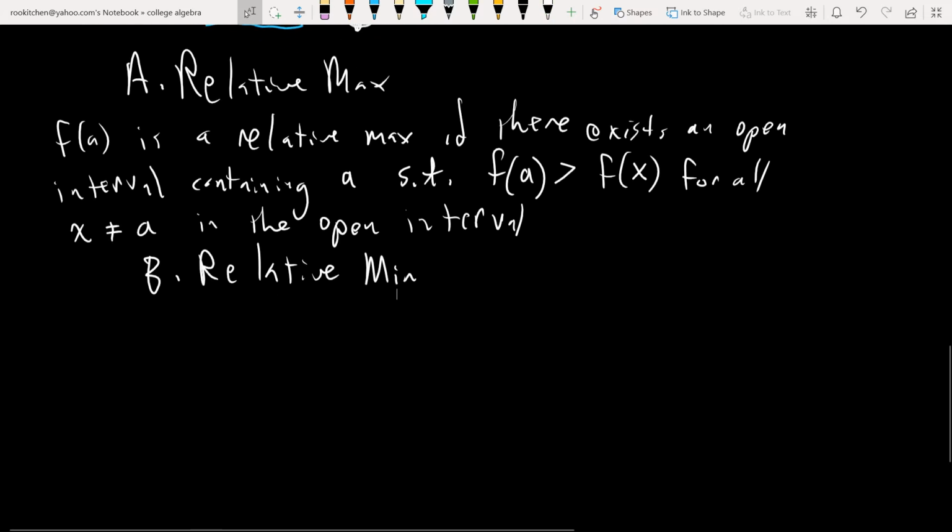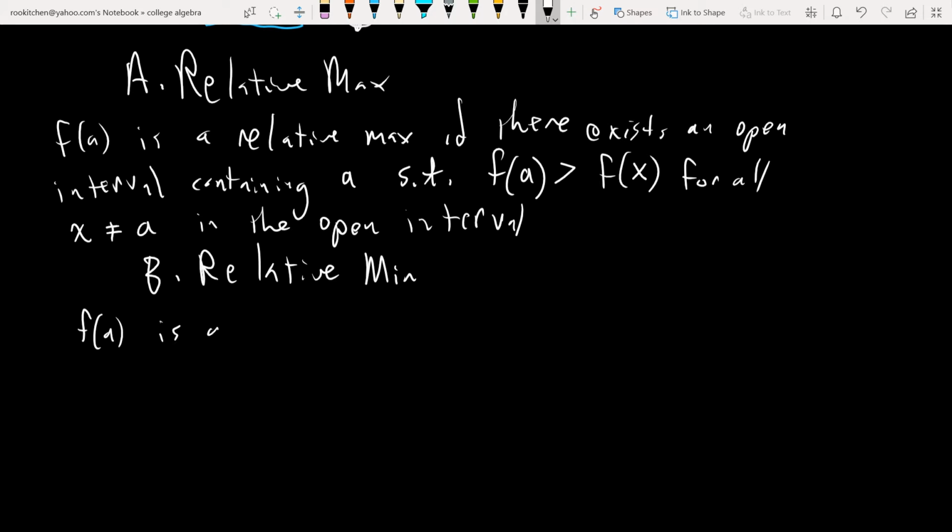So you just rewrite that definition. F of A is a relative min if there exists an open interval containing A, such that F of A is less than F of X for all X not equal to A in the open interval. So let me write that.